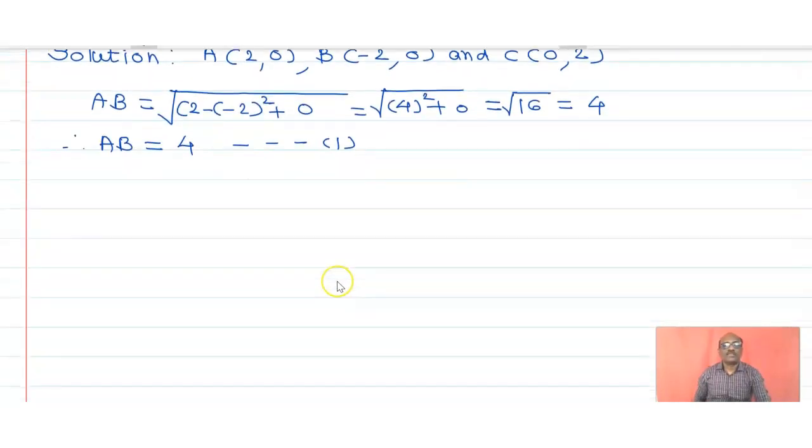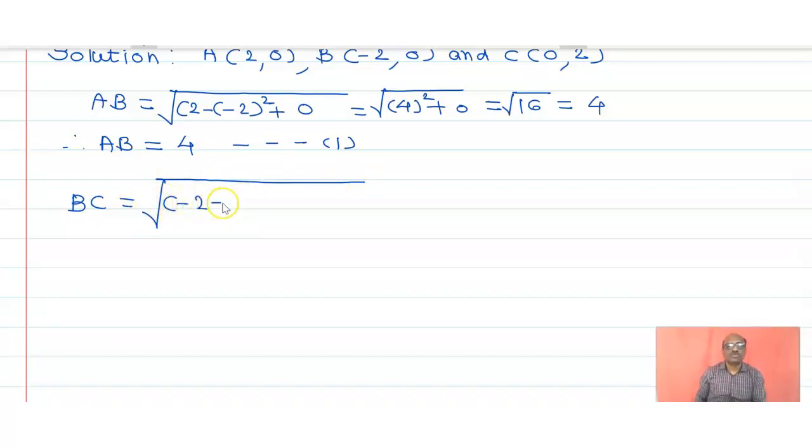Okay, next what to find out? BC. BC is equal to root of minus 2 minus 0, bracket square, and 0 minus 2, it's a square.